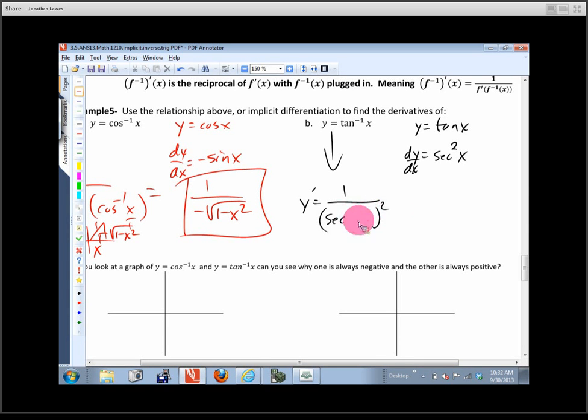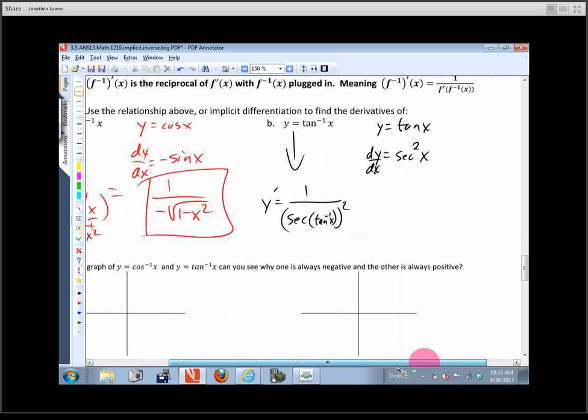And what am I going to plug in instead of plugging in an x? I'm going to plug in tangent inverse of x. 1 over the derivative of the original function with the inverse function plugged in.